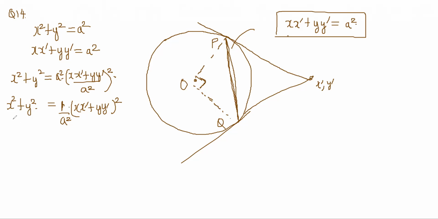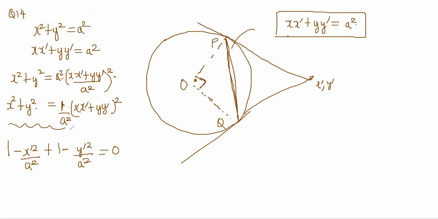Now you can collect all the x² terms together. So 1 minus x'²/a² is the x² coefficient, and 1 minus y'²/a² is the y² coefficient. The sum should be 0 for it to show 90 degrees.